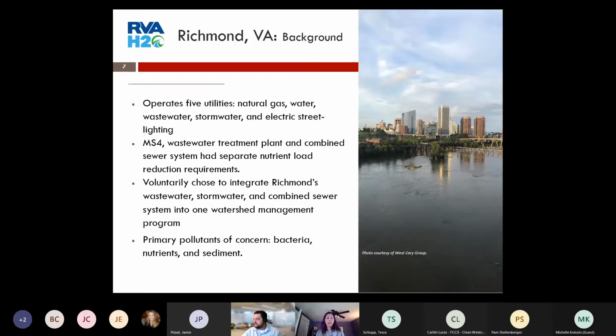And they decided, because everything was so piecemeal, that they wanted to do an integrated permit that combined both wastewater, stormwater, and their combined sewer system into one watershed management program and one integrated permit. And the pollutants of concern that they were looking at were bacteria, nutrients, and sediment.